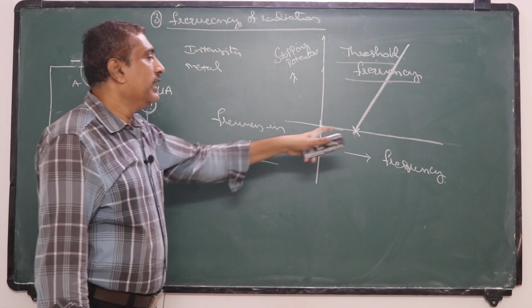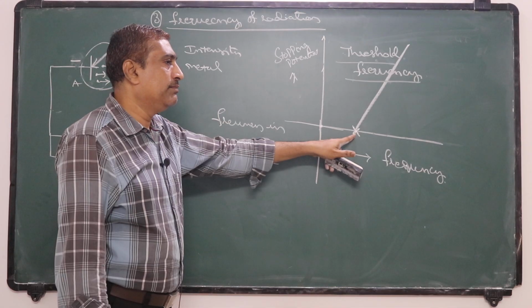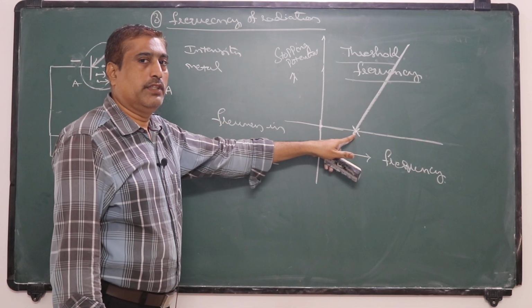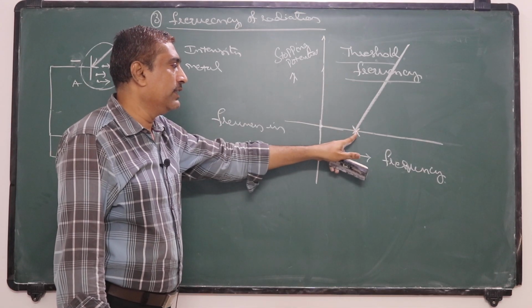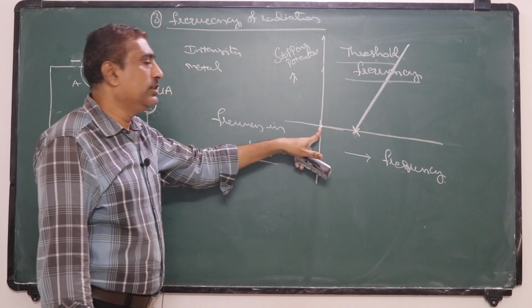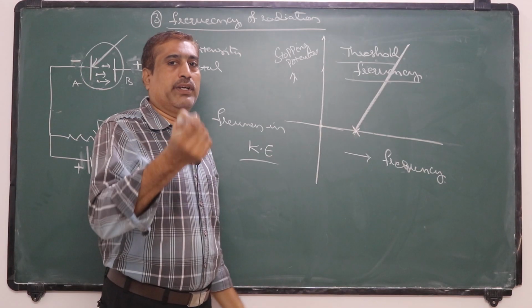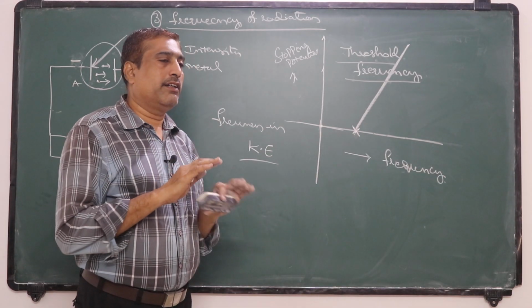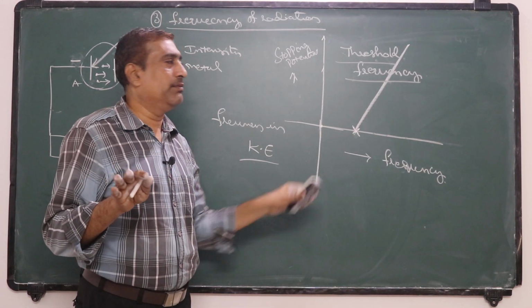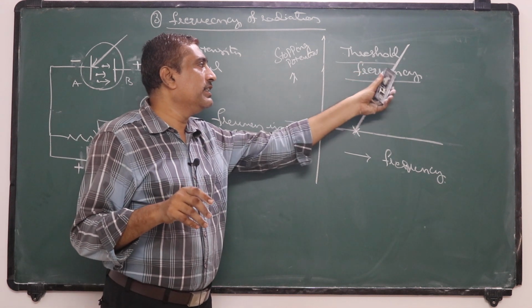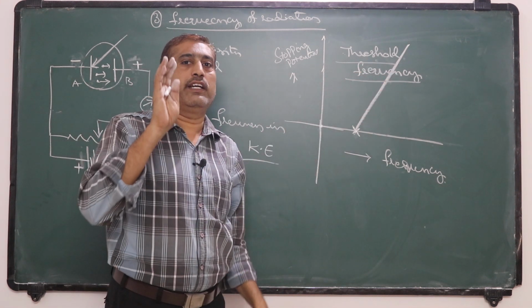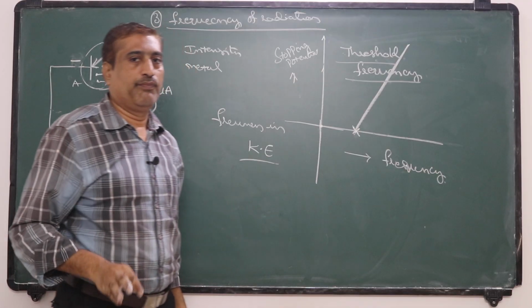And if it is equal to the threshold frequency, the stopping potential is 0, because if the energy is equal to the minimum energy to liberate an electron, the electron has no kinetic energy.